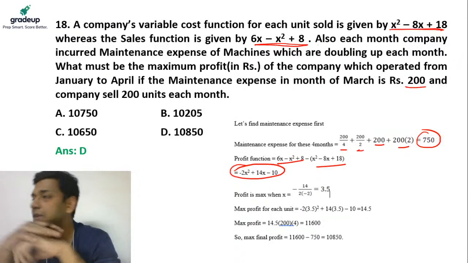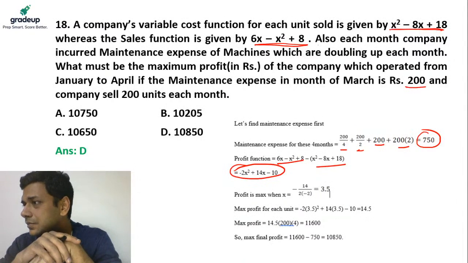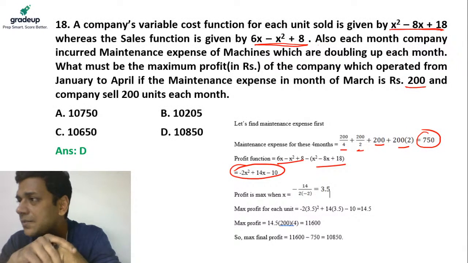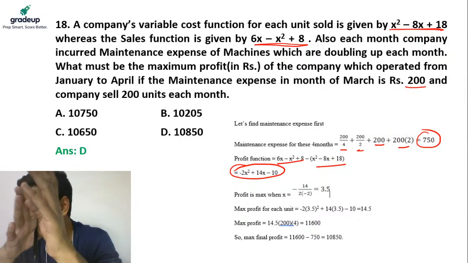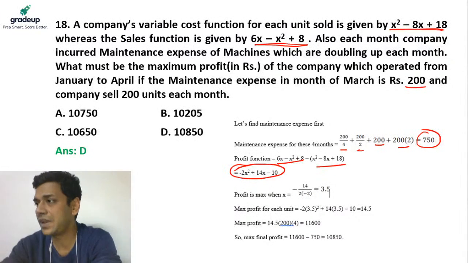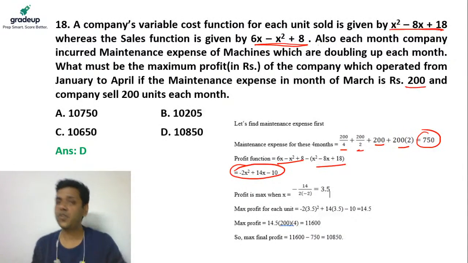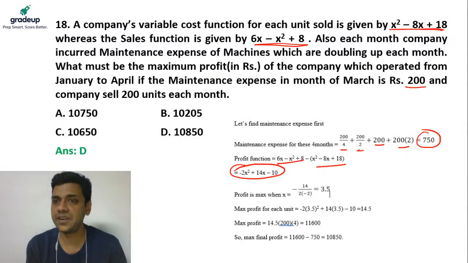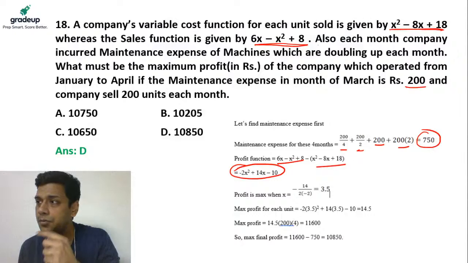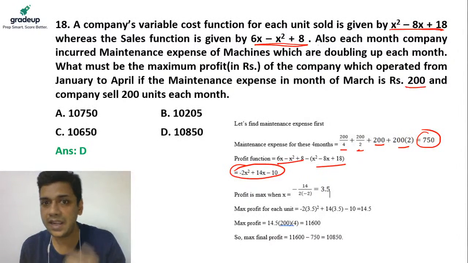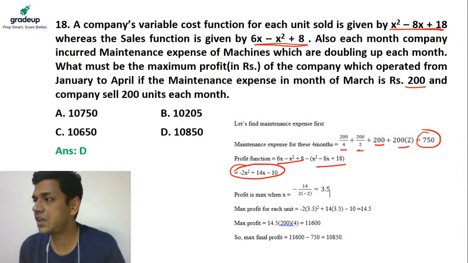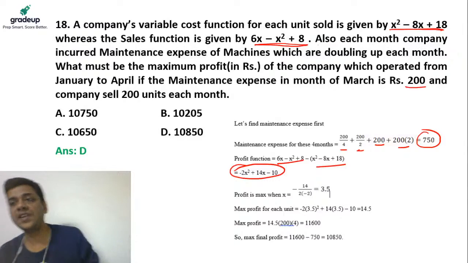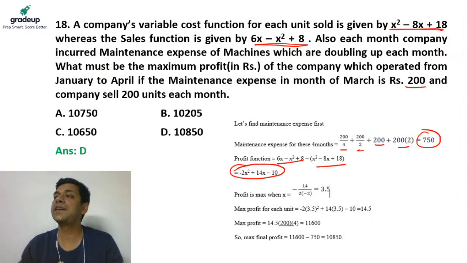Now just remember, how do we maximize the profit? If there is a function of x square wherein the coefficient of x square is positive, I will always have a minimum value. And if the coefficient of x square in a quadratic is negative, I will always have a maximum value.